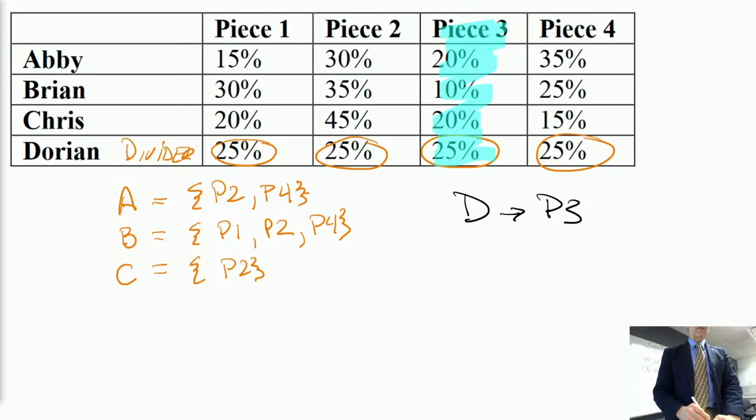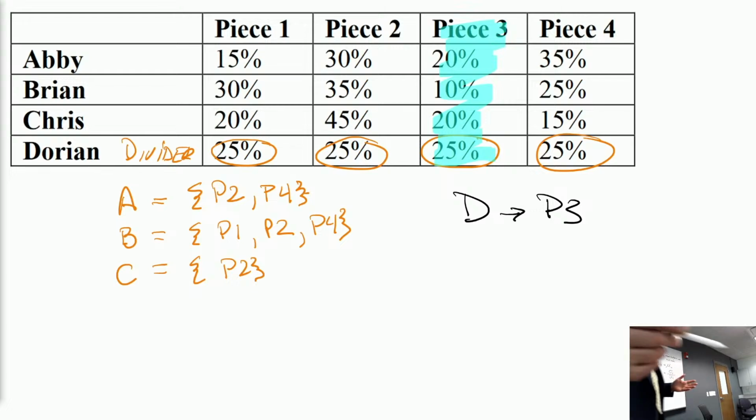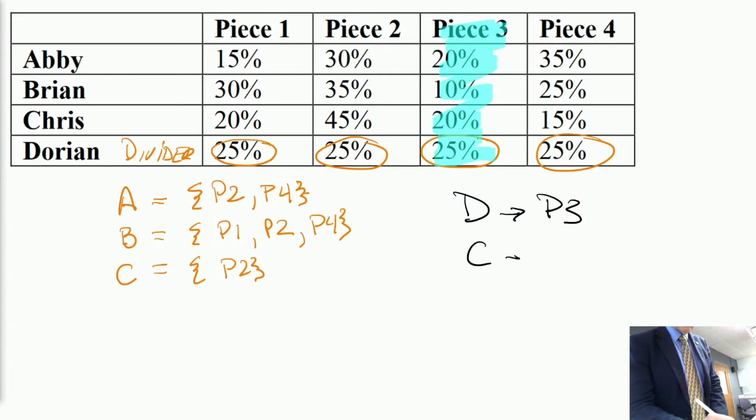Now let's deal with the other people. And there's no one way to do this. Well, in this case, there is one way. But what I'd suggest is start with the pickiest person or the pickiest people and see if you can give them what they want. And then work your way backwards from that. So for example, here, C is super picky. So C is going to get piece 2.